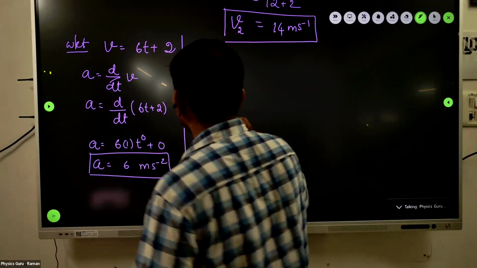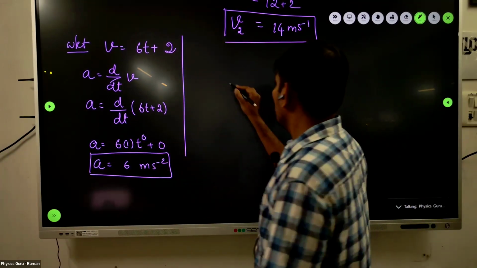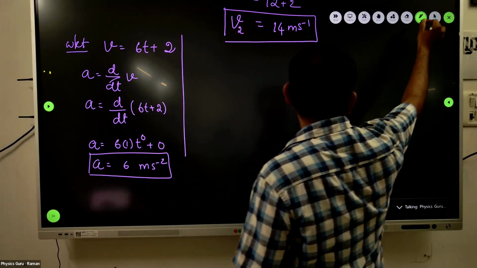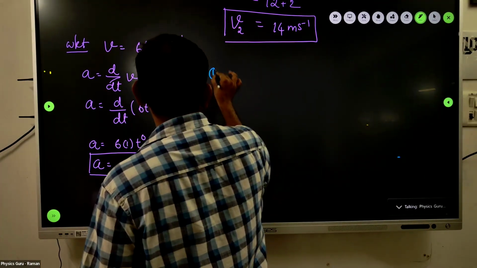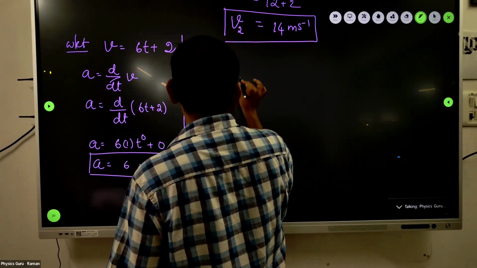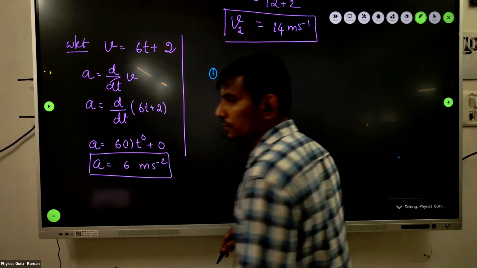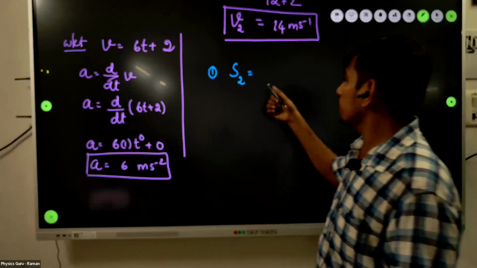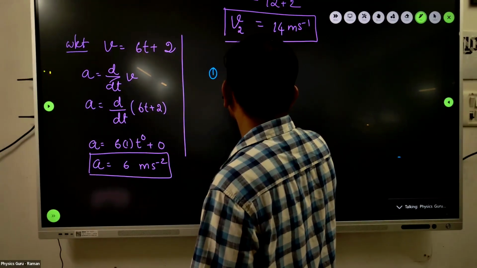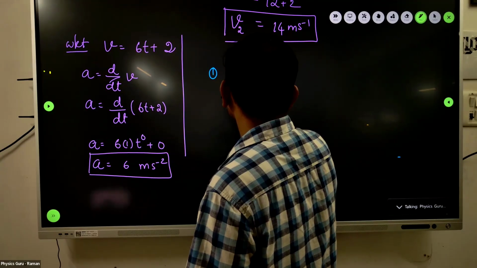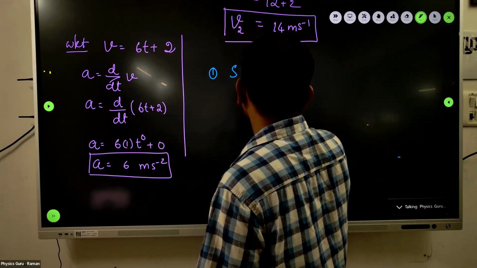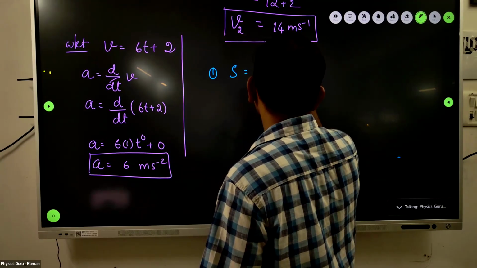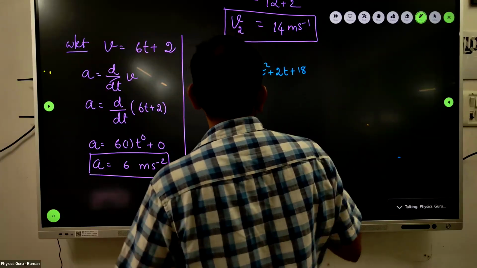Okay. Now you can observe the three pieces of information that we have here. The displacement equation, the first equation that we learned. What's the general formula of displacement? 3t squared plus 2t plus 18.